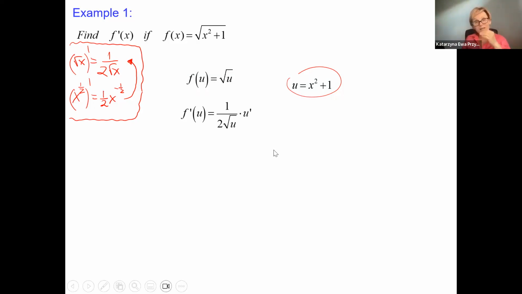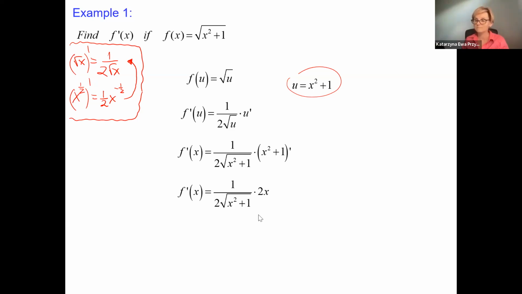Now I can remove that u and put back the original formula, because u was defined as x squared plus 1, times the derivative of x squared plus 1. What's the derivative of x squared plus 1? It is 2x. We can cancel out the 2, and that's it.